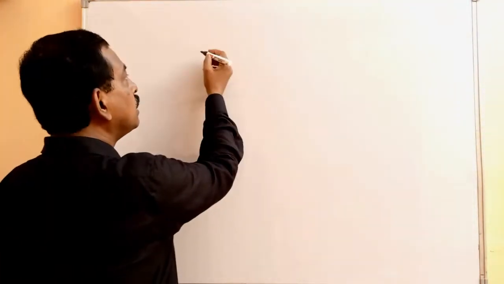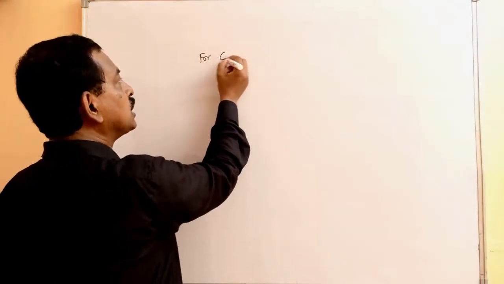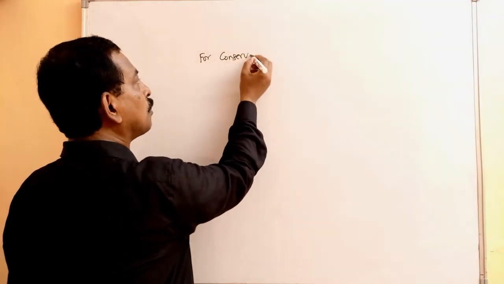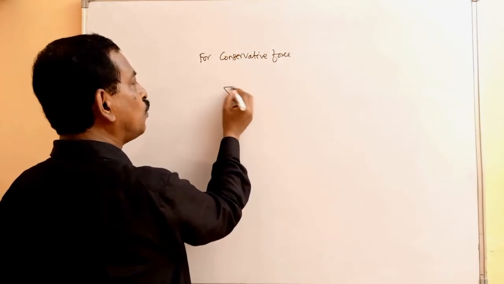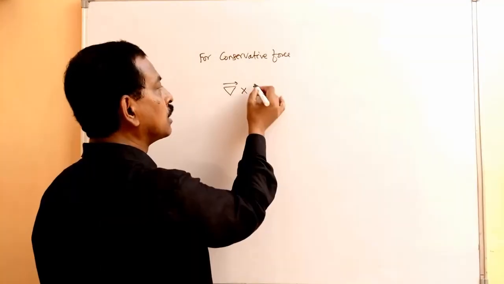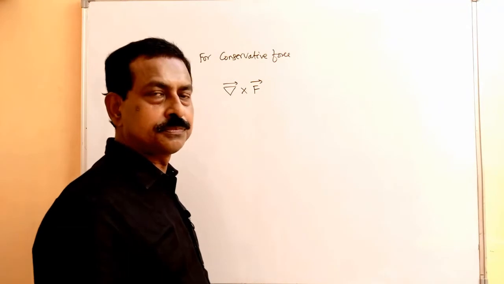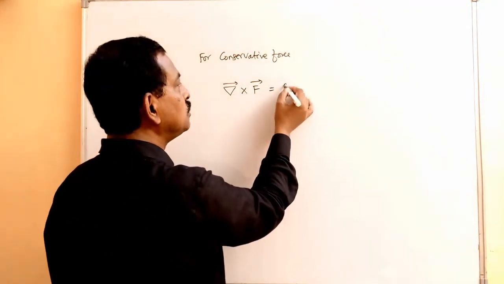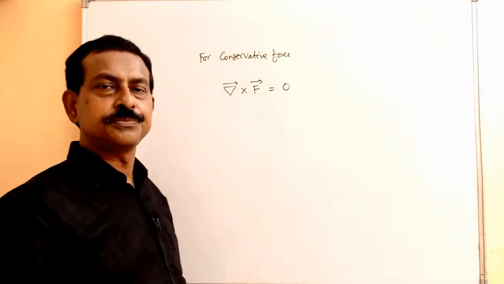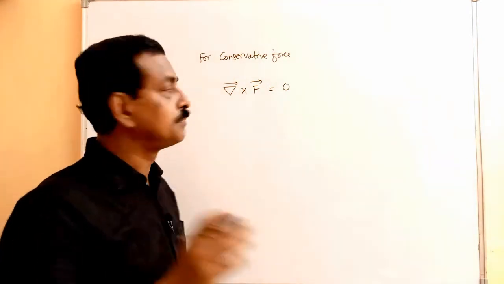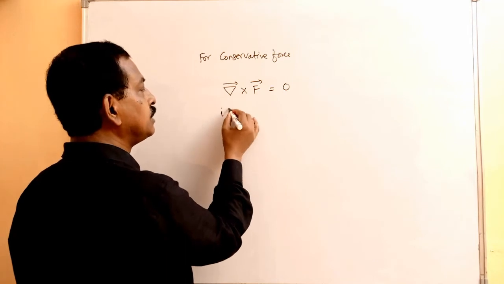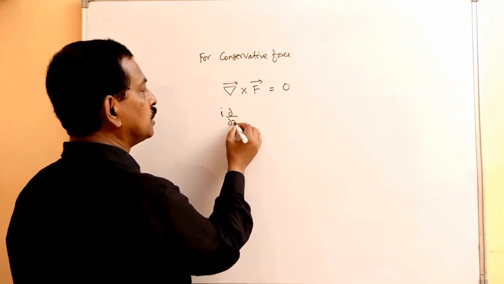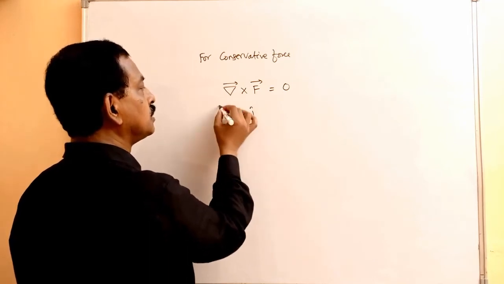For conservative force, there is one expression, curl F. This should be 0. Now, what is this? This is basically your i d/dx, j d/dy, k d/dz.